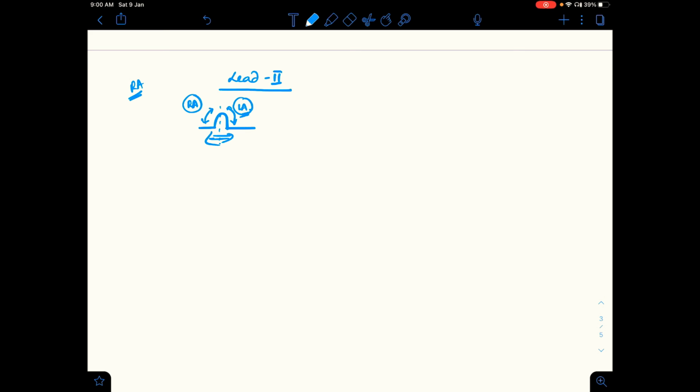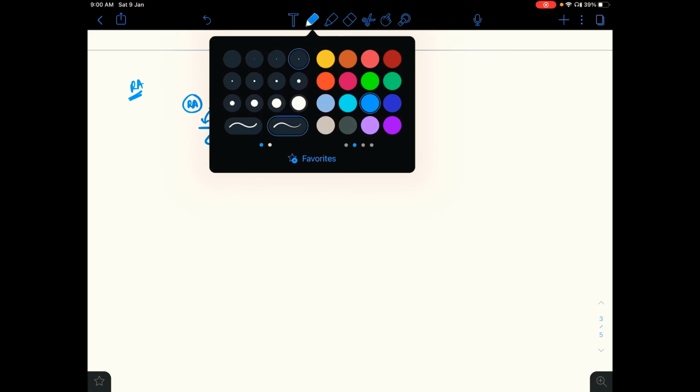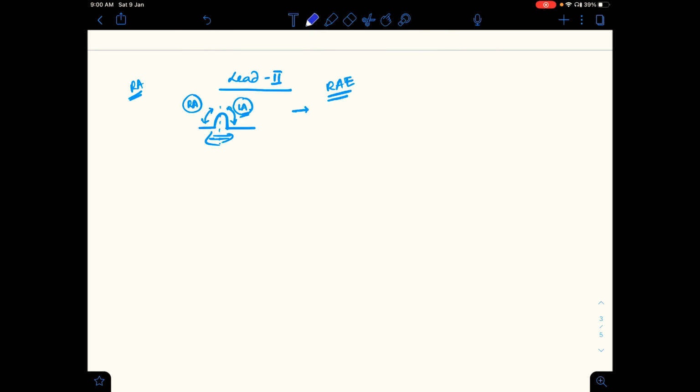If there is a right atrial enlargement, what will happen? The first part will get enlarged and the second part will remain normal. This will be more than 2.5 centimeter, and the width, which is dependent only on the left atria, will be less than 2.5 centimeter.